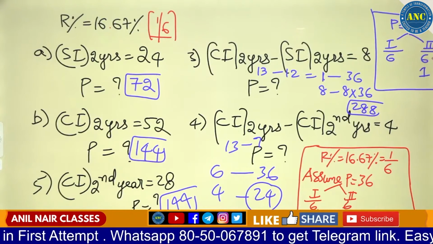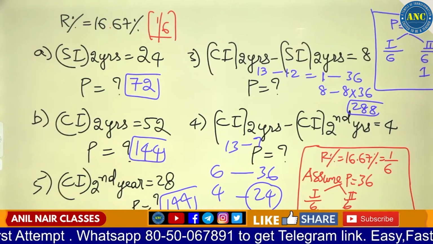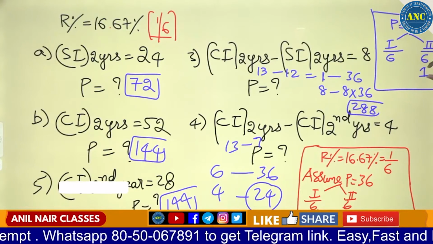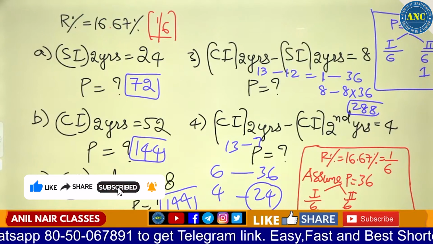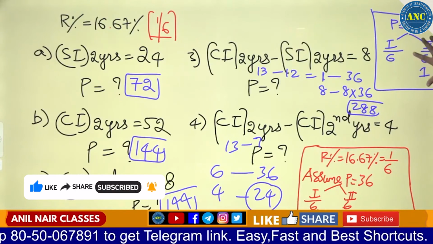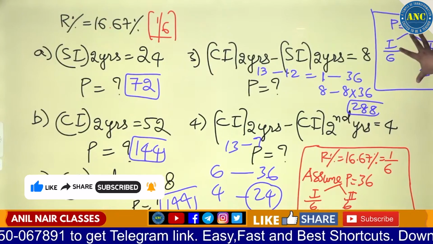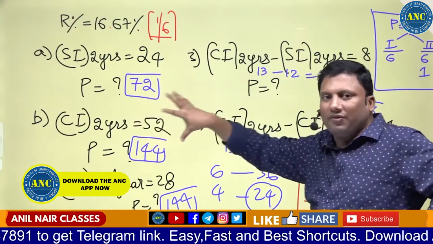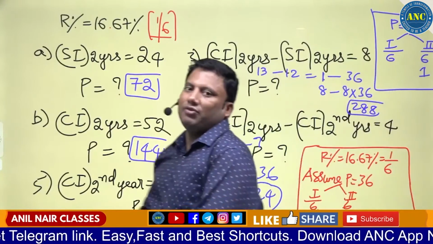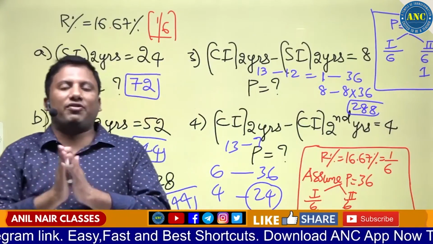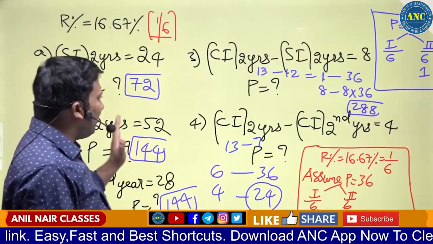So SI for first year 6, SI for second year 6, CI for second year will be SI plus interest on interest, 1/6 of 6, it is 1. So total CI for 2 years, it is 13. 13 is becoming 52, 4 times. 36 4s are 144. I hope the idea is clear.